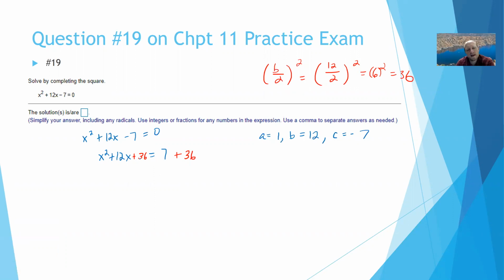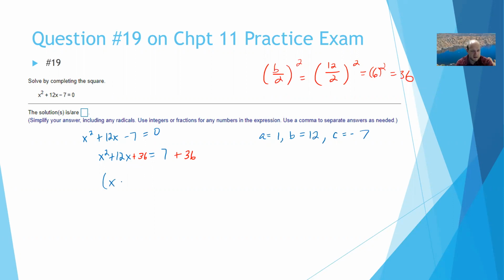And the whole point of that was the trinomial here on the left side of this equation is now a perfect square trinomial because the x squared term and the 36 are both perfect squares. The square root of 36 is 6, and I know 6 and 6 is 12.